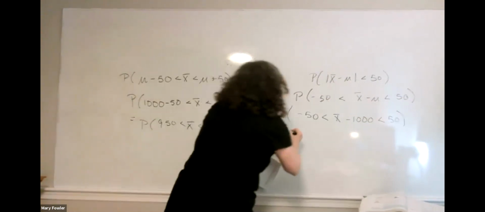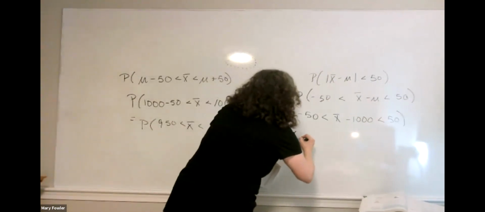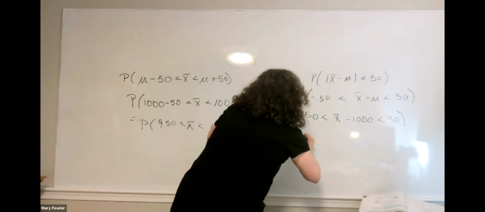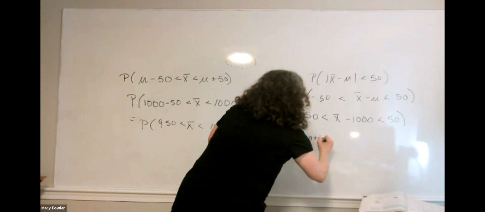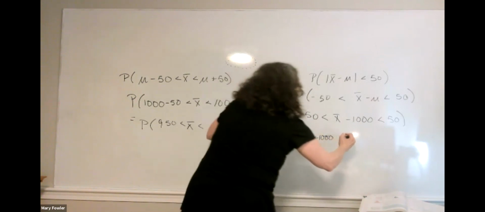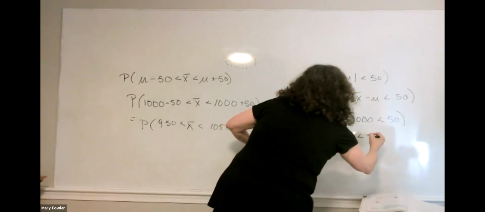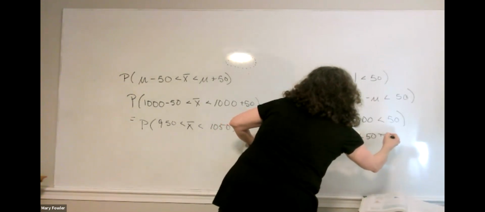We have the probability that, adding 1,000 to both sides, minus 50 plus 1,000 is less than x bar is less than 50 plus 1,000.